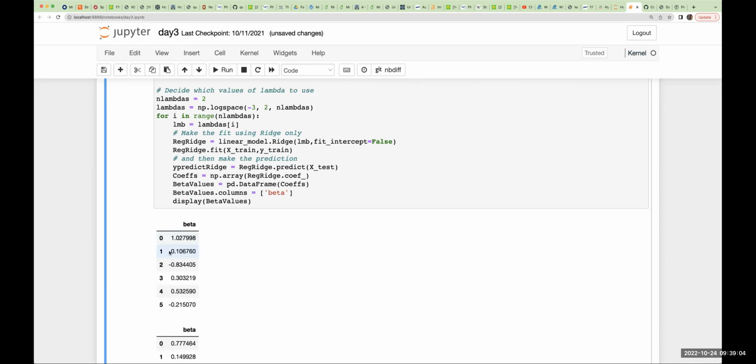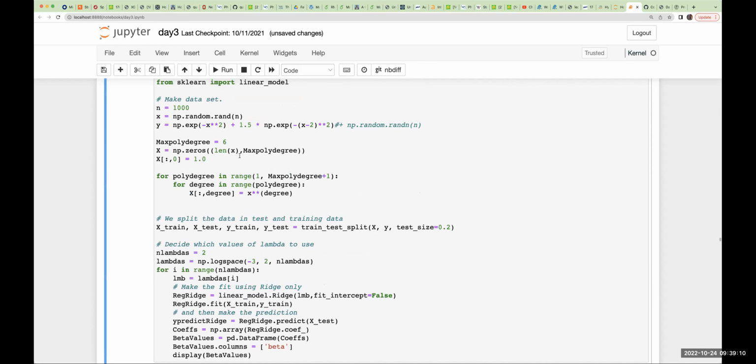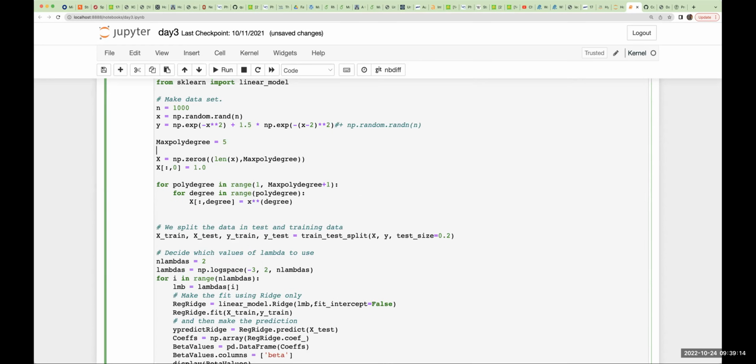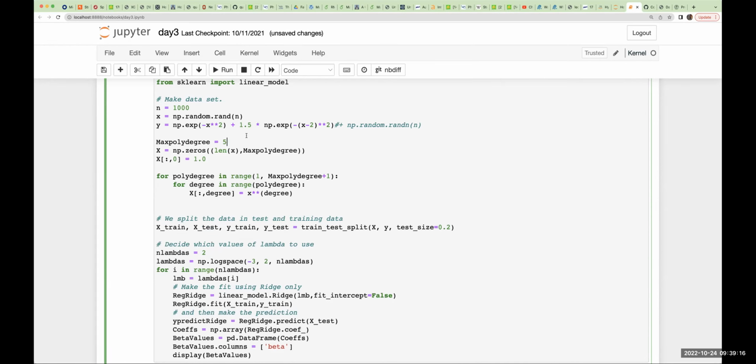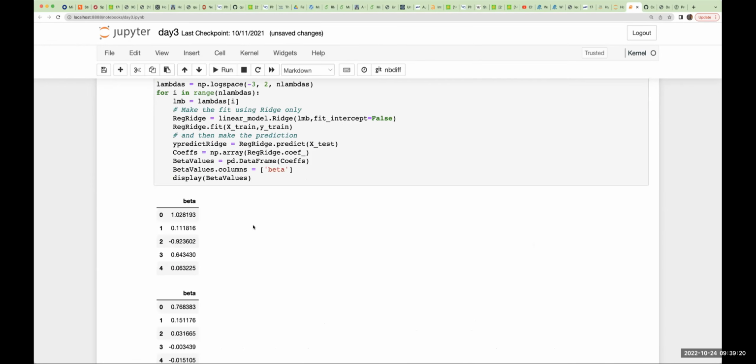Keep in mind these numbers here, 0.1 and minus 0.83. If you rerun it with polynomial degree 5, you will see that the difference between these parameters is not that large when we move from one polynomial order to the other. It was 0.1 and now it's just 0.11.